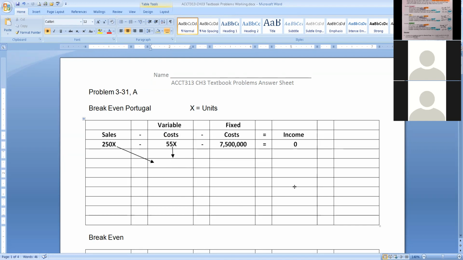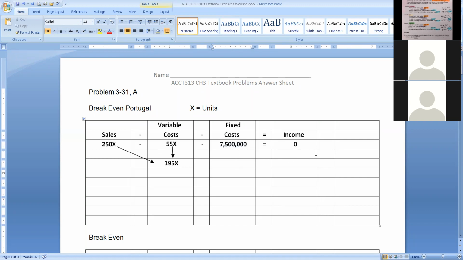I was thinking of being disorganized, so I organized my desk, and now I cannot find a thing. All right, 250 minus 55, yeah, 195. So this is 195x. And again, we want to get the X on one side and all of the numbers on the other side.